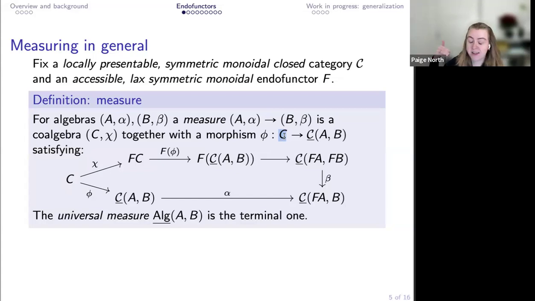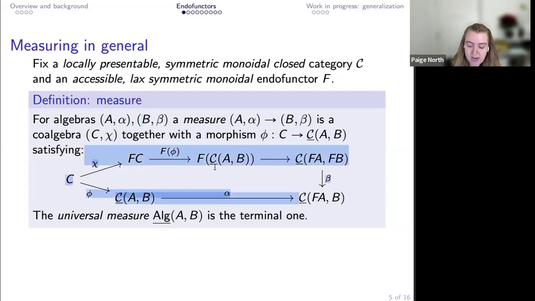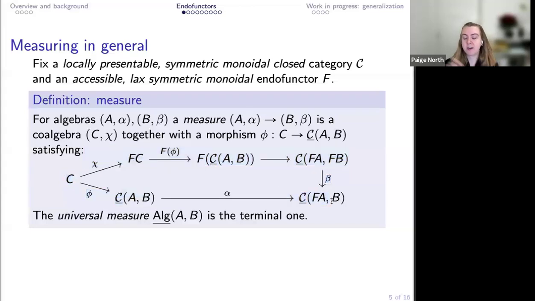Unfortunately, I've used the letter C in multiple places, but C-indexed morphisms from A to B in curly C, indexed by the coalgebra C. Okay, so we're looking at C-indexed morphisms just between the underlying objects in curly C, not taking into account yet the algebra structure on A and B.